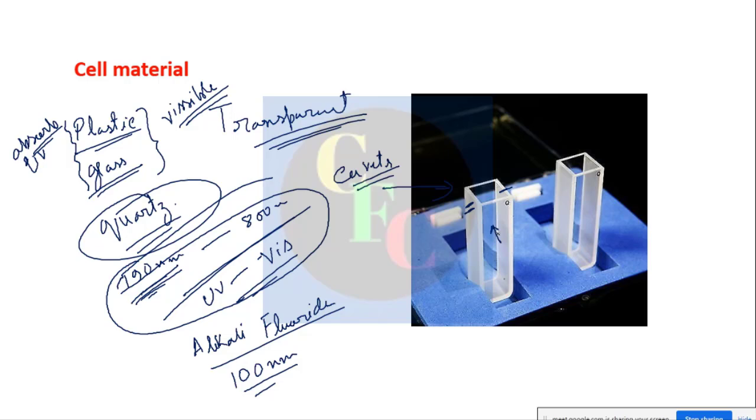So when you are putting these cuvettes in the cell compartment, care should be taken that the clear sides are in the path length of the light, not the sanded ones. Okay, so this was the discussion about choice of cell material.